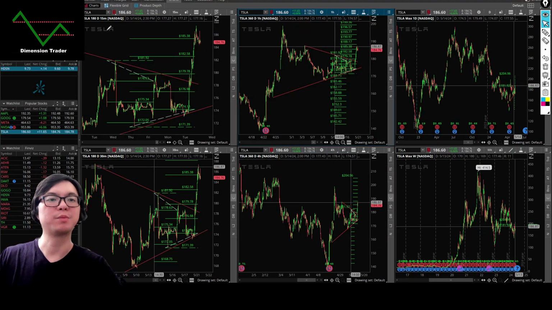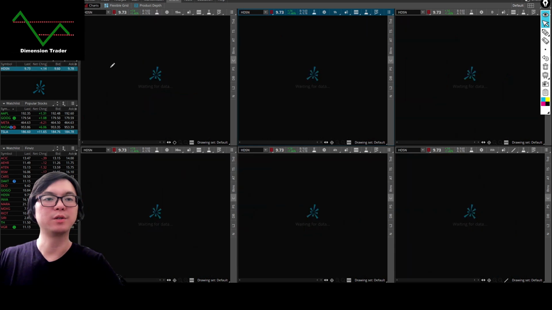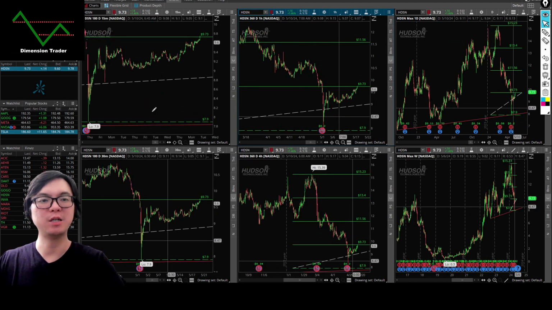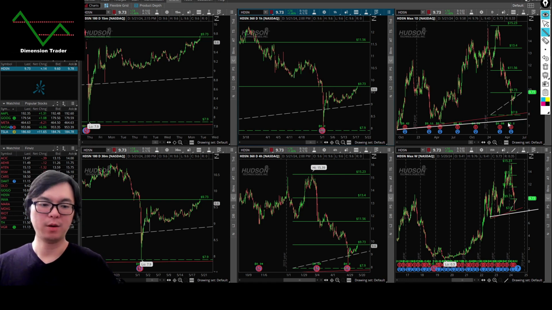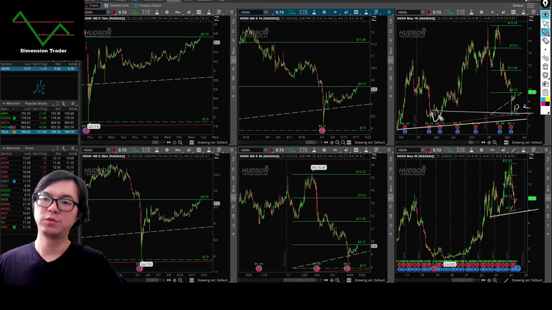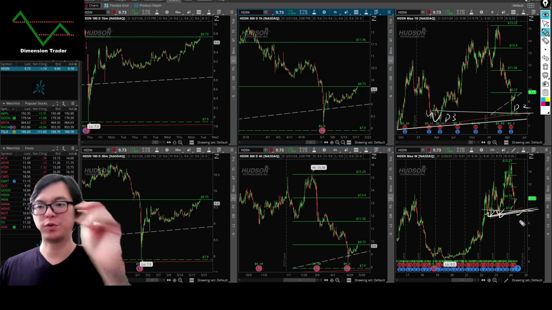Okay, that's pretty much about the trading journal. Back to our stock pick today. We found a stock ticker HDSN. This is the position we realized, with the weekly trend line and day trend line forming around dimension 2 after dimension 3, along with the support tested once, twice, along with the trend line.